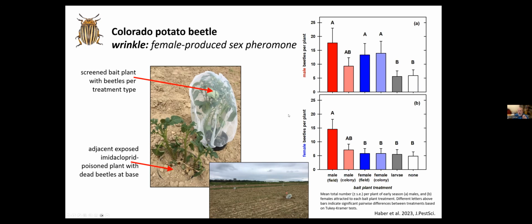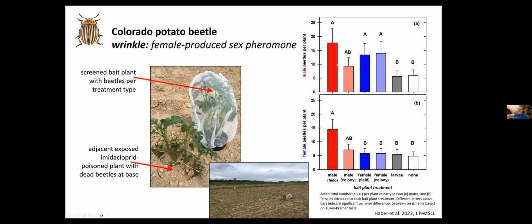Okay, so when we did the male beetles, the males were enclosed in the screen here. You can see we attracted, compared to none over here on the right, we attracted males and females. When we use our colony males, they weren't quite as vigorous. But the ones that are the bright colors, it's attracting both males and females and more than the blank.